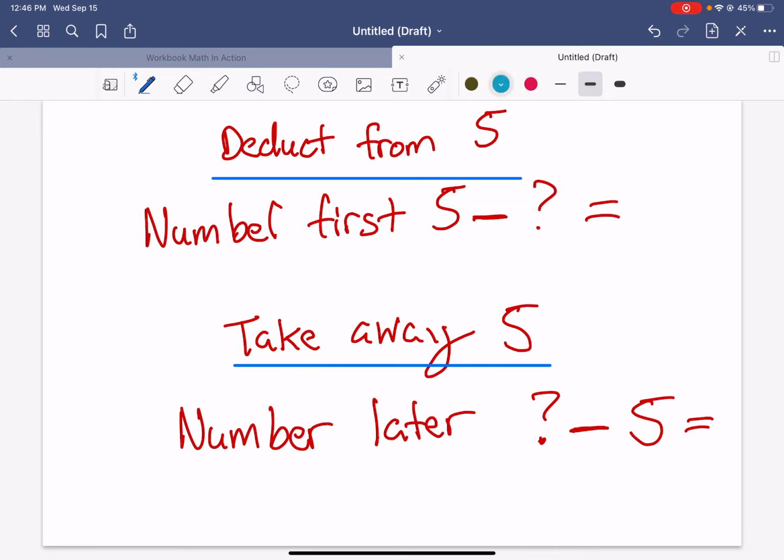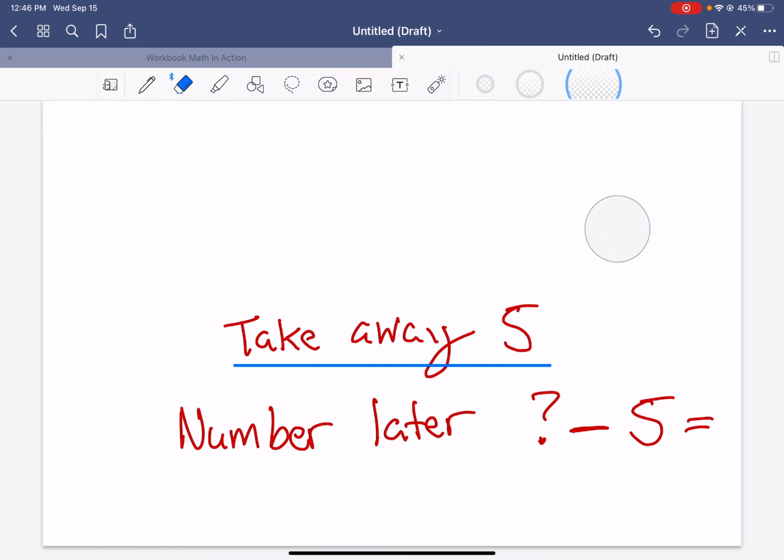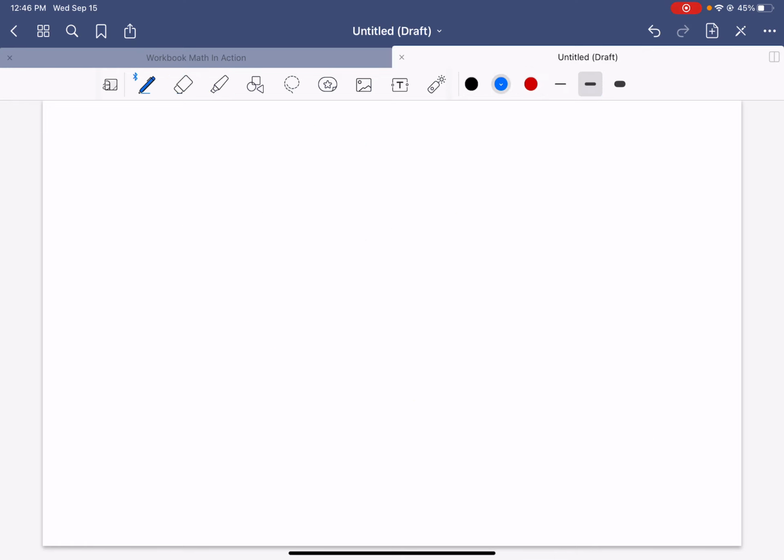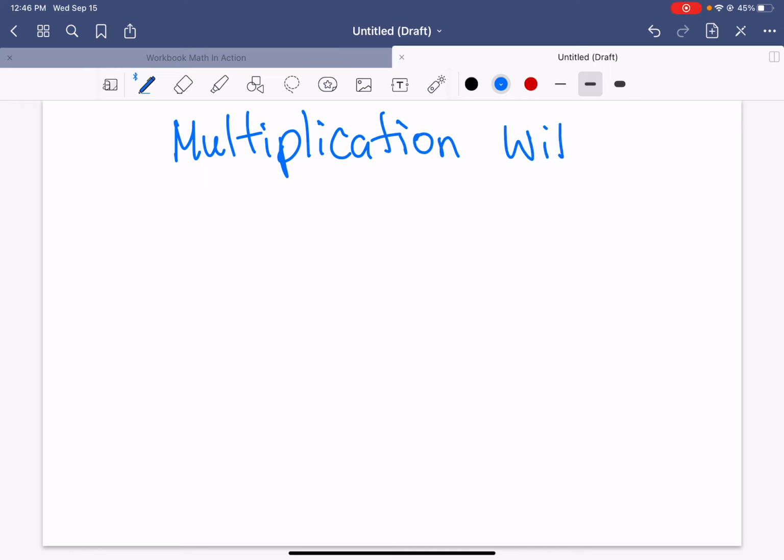So again, let's do multiplication with 0.